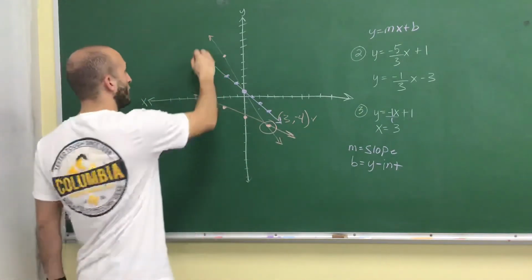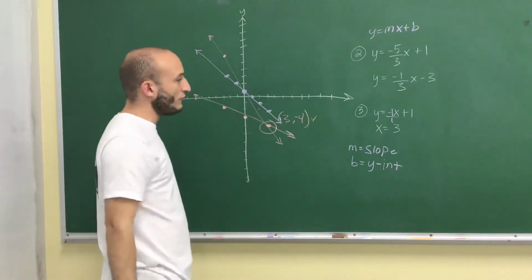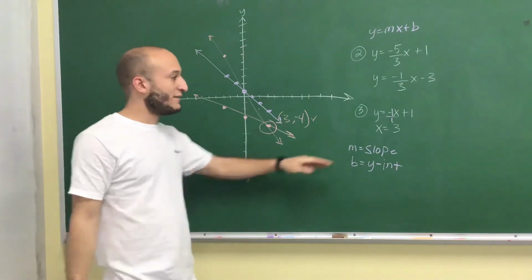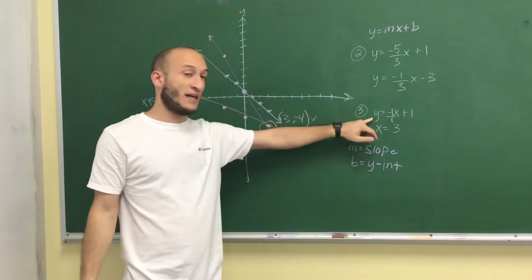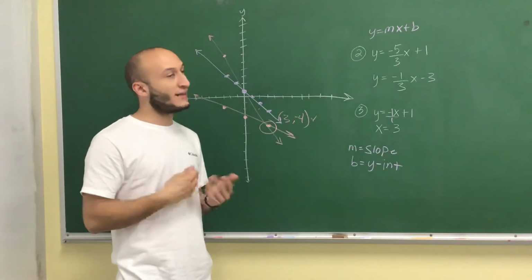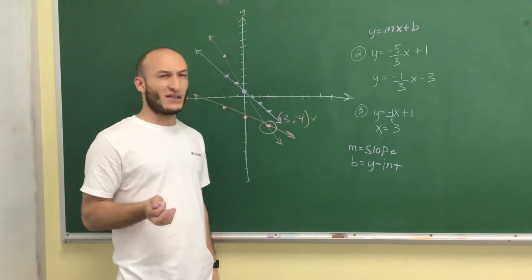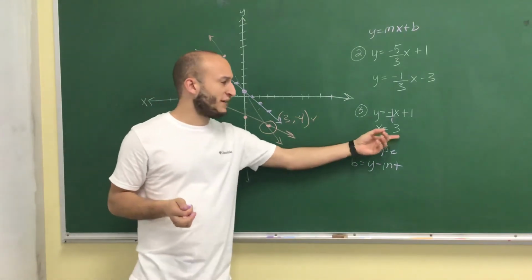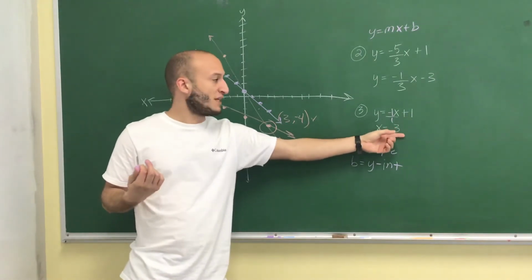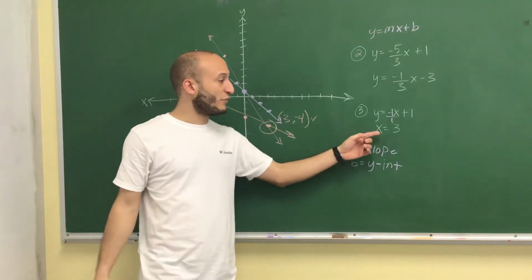And here, I have x equals 3. This is different because it doesn't have a y. What this means is that for every value on that line, my x will equal 3. If you have no slope and just a number by itself, you draw a straight line through that axis.